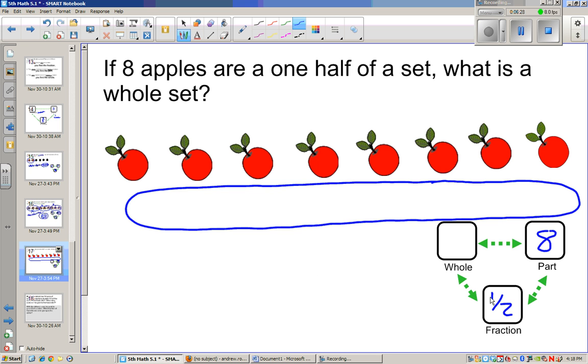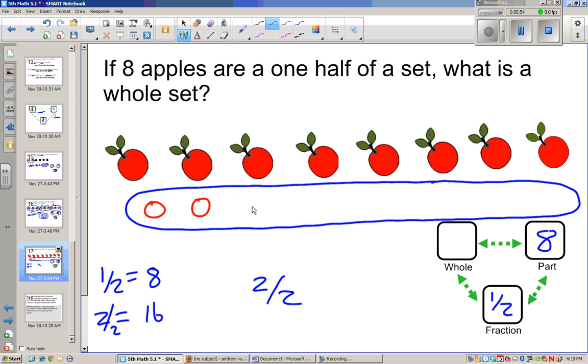Well, if 1/2 is 8, what we're basically asking ourselves is, what would 2/2 be? And if 1/2 equals 8, then 2/2 would equal 16, because it would be doubled. In other words, for every one of these apples, I would have another apple.